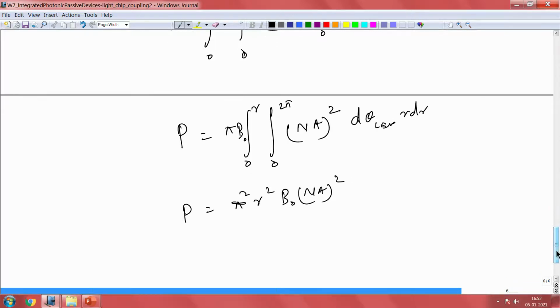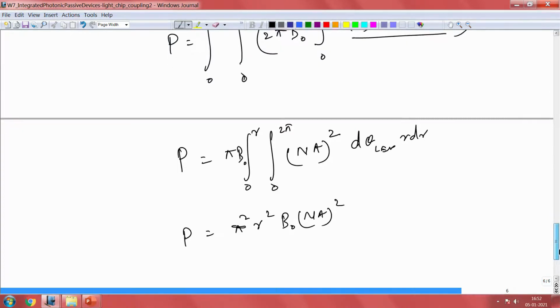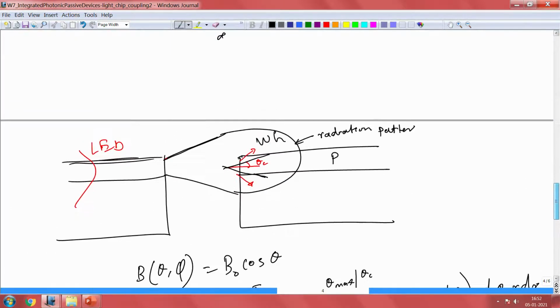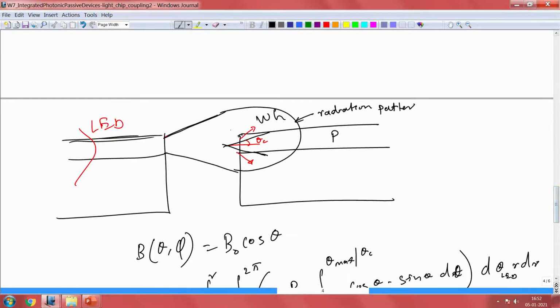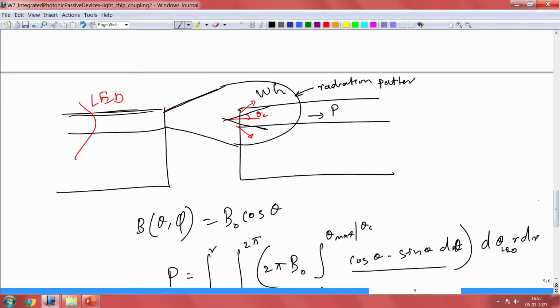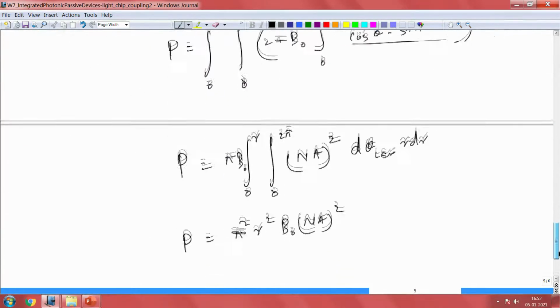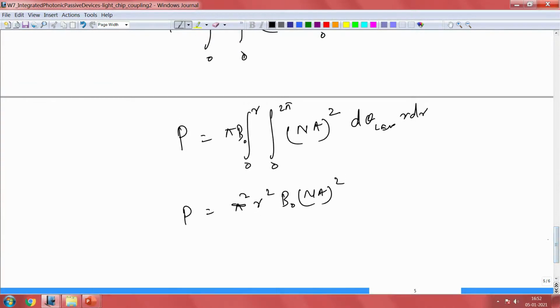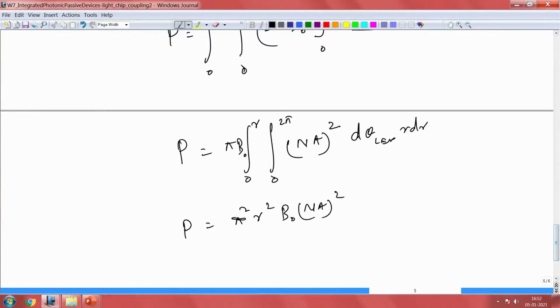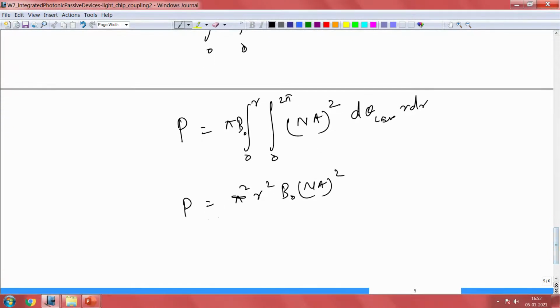So, there is a disclaimer here, right. So, we are considering a circular symmetry for this particular waveguide, right. So, you have a power coupling where it is almost like a fiber, right. So, in this case it is like a fiber, but instead of r, the reason why I am doing this for a circular one is it is rather easy to do the math for this, right.